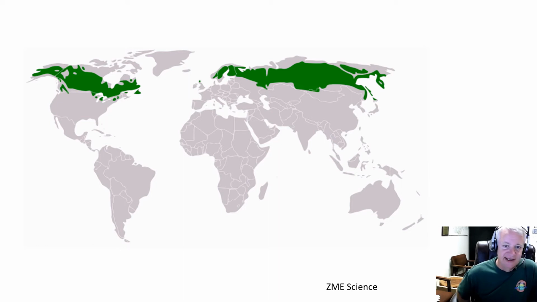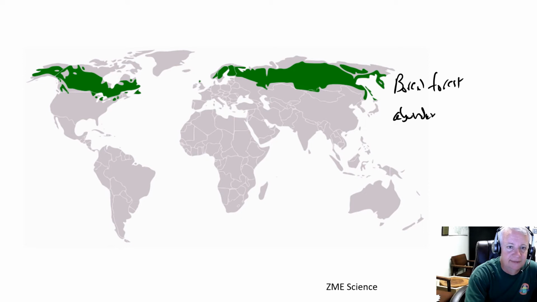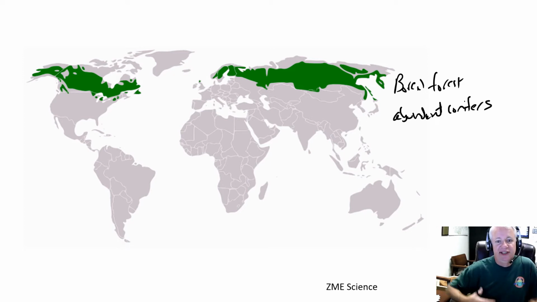So for instance, this shows the distribution of the boreal forest. Okay, boreal forest has abundant conifers. Now there are angiosperms that live up here, but in general boreal forest is conifers, and you see a greater abundance of conifers or gymnosperms with tracheids as you go further north.